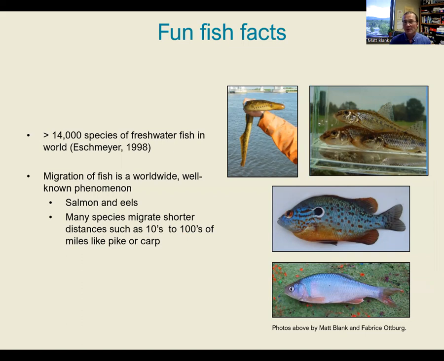Some of the more common examples would be salmon in the Pacific or Atlantic Oceans migrating into rivers and streams for spawning, or all the various eel species in our oceans and rivers that migrate into freshwater systems for spawning as well. Some of those migrations are very long, hundreds of miles, and in some cases with salmon, even over 1,000 miles. Other species of fish still need to move various distances and lengths as well.